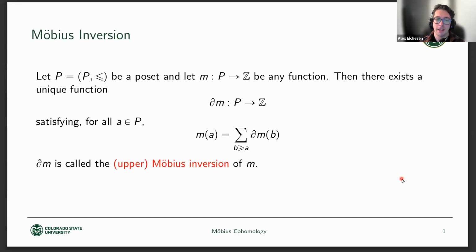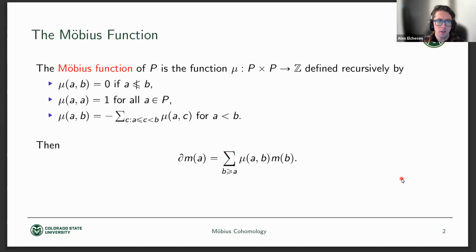For all a in your poset, if you want to compute m of a, then you can sum up the Möbius inversion partial m at all points above and including a, and then you'll recover m of a. So in this case, partial m is called the upper Möbius inversion, and there's a dual. Maybe more commonly, you have the lower Möbius inversion as well, where you can recover m by summing below. But we're going to look at the upper Möbius inversion.